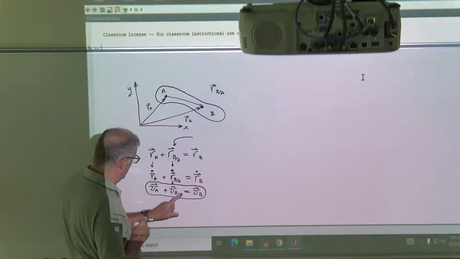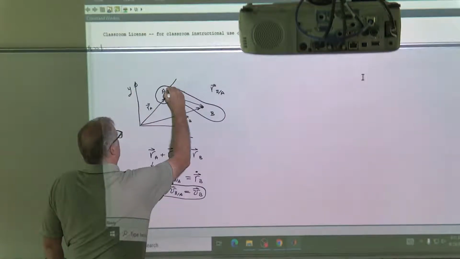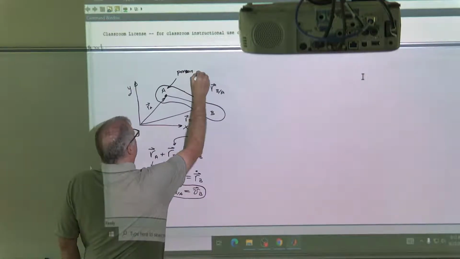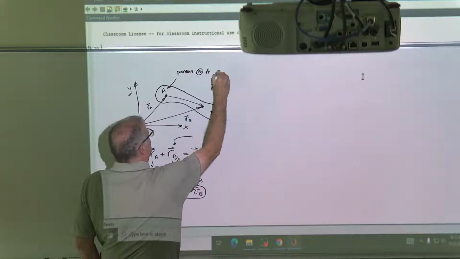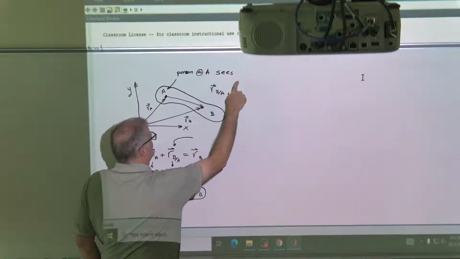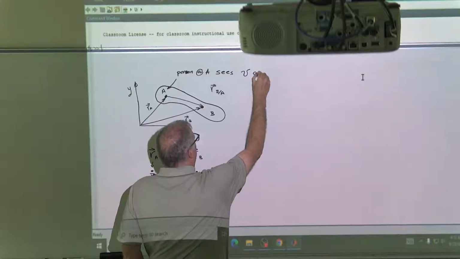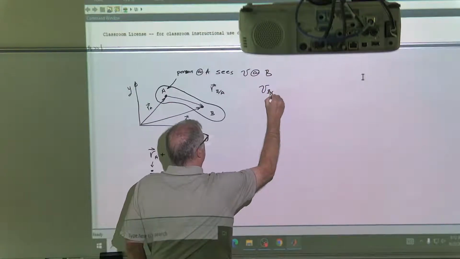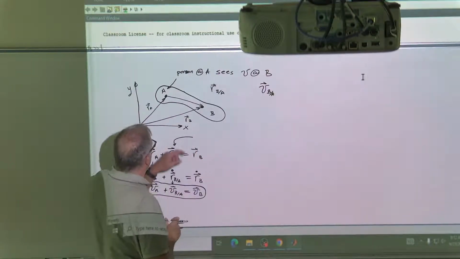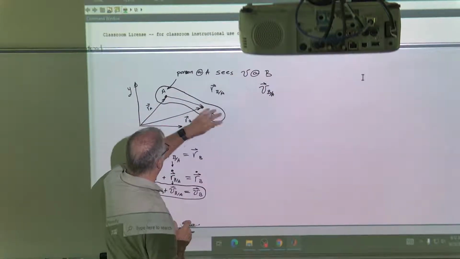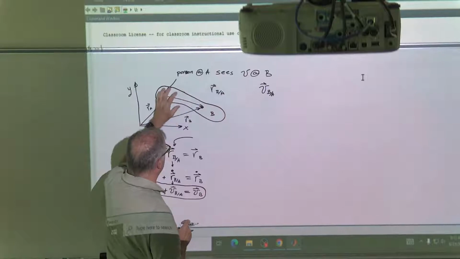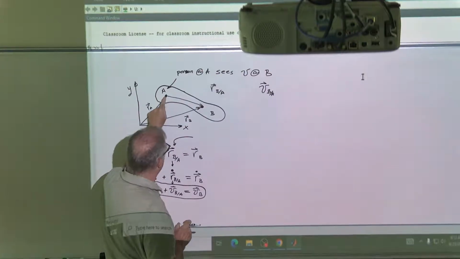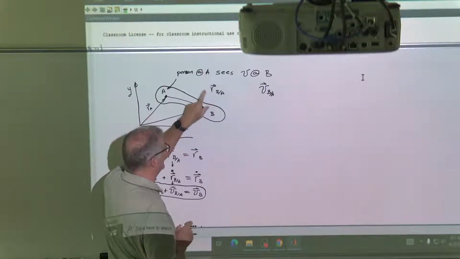So philosophically, this is the velocity that the person at A sees. That kind of looks weird. He sees the velocity at B, and he sees velocity of B relative to A. In other words, if it is a rigid rod like this, the distance between them doesn't change, but all A will ever see of B is it rotating around it.